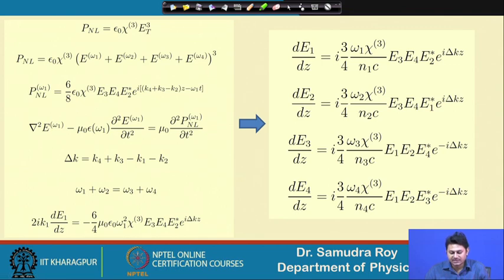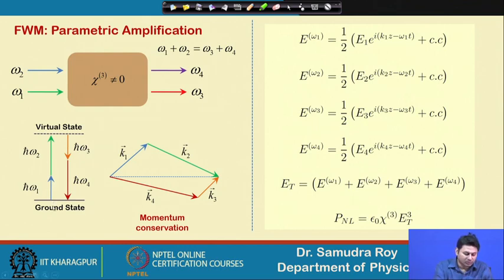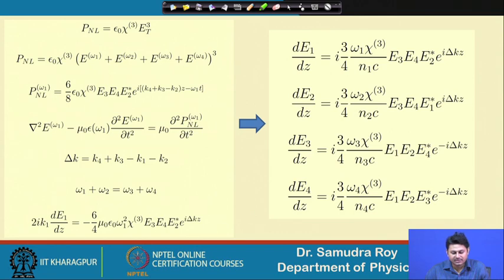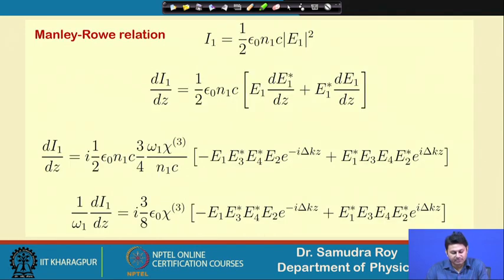Some sort of energy exchange is always there, because omega 1 and omega 2 are generating omega 3 and omega 4. Now, the question is whether the total energy for this case will remain conserved, or what kind of things we have.